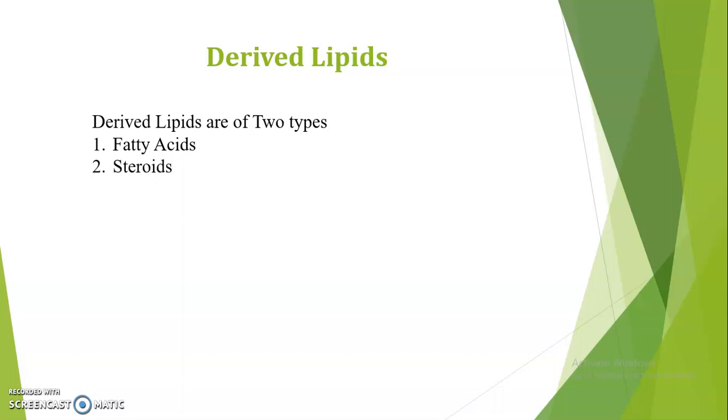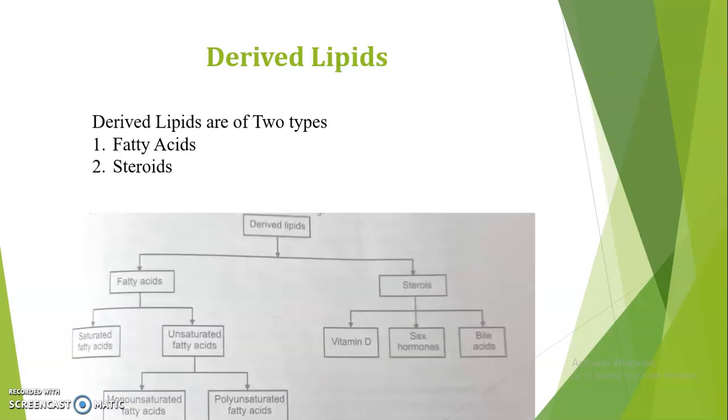This is the major component, because we know that simple lipids as well as compound lipids, when they undergo hydrolysis, are converted into the fatty acids. And in addition to that, some products that are obtained from the lipids are the steroids.